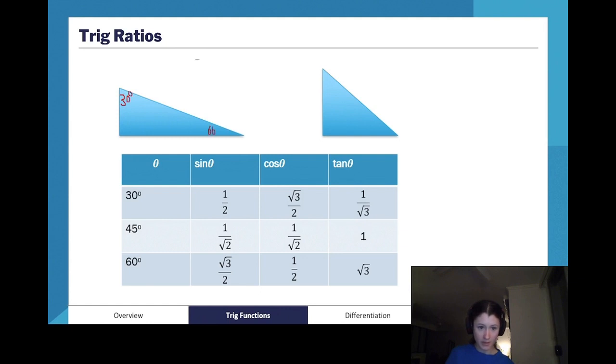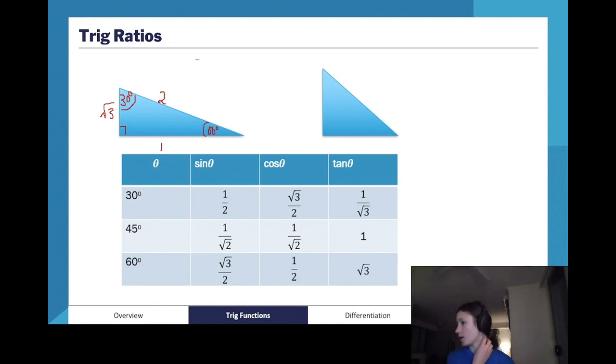This here is 60 degrees. Right? This is a right angle. So, looking at our side lengths, remember the longest side, the hypotenuse, is going to be 2. Our upright side is going to be root 3, and our bottom side is going to be 1.